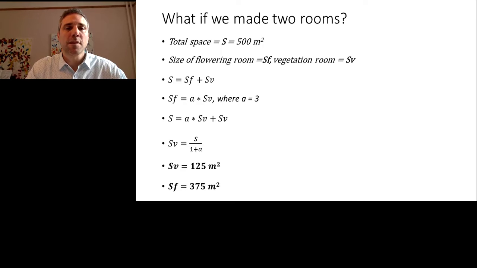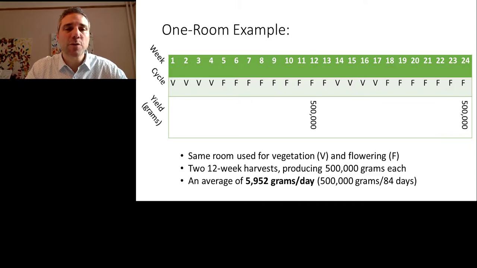Okay. So next, let me demonstrate here. You can get a sense that this facility is underutilizing space, because the room that's being used for vegetation in week 1 is the same room that's being used in week 5, right?